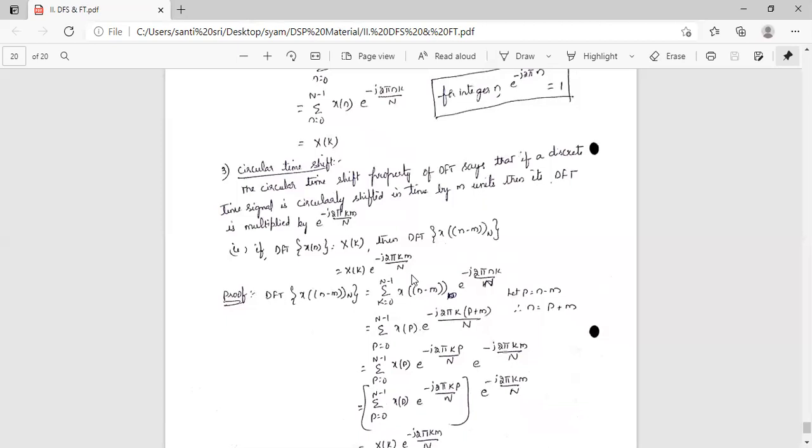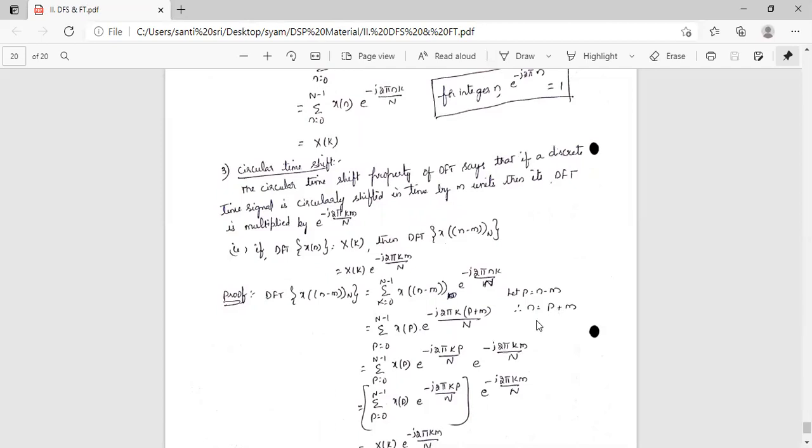So the DFT of x of n minus m is equal to sigma n equal to 0 to n minus 1 x of n minus m into e power minus j 2 pi n k by n.